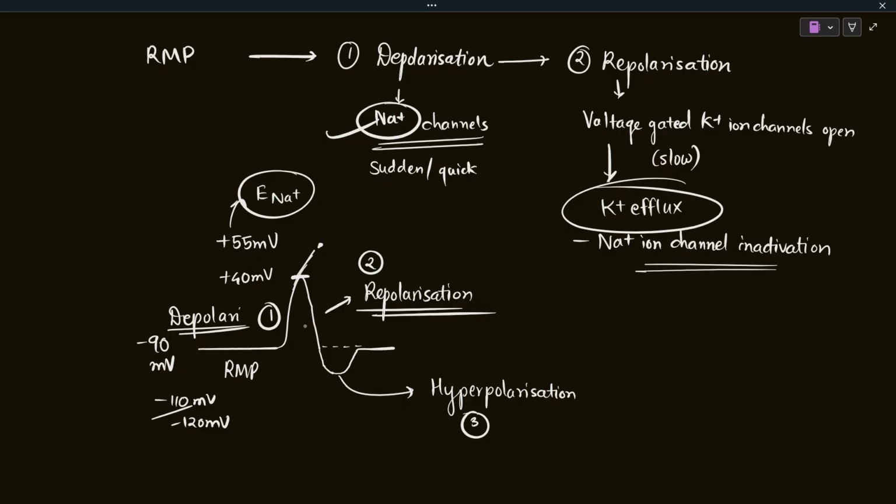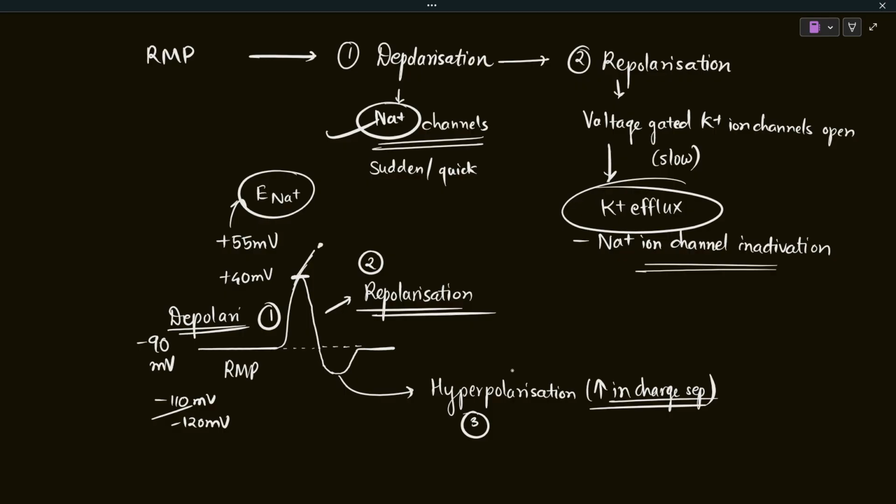But while increasing, it keeps increasing beyond the resting stage. So there will be an increase in charge separation beyond what was there at rest. That increase in charge separation is known as hyperpolarization of the neuronal membrane.